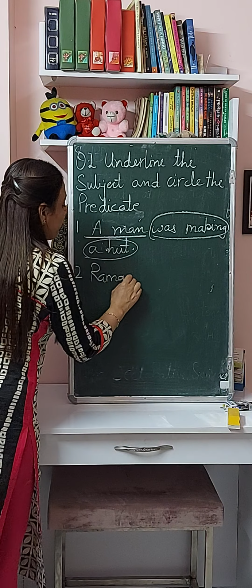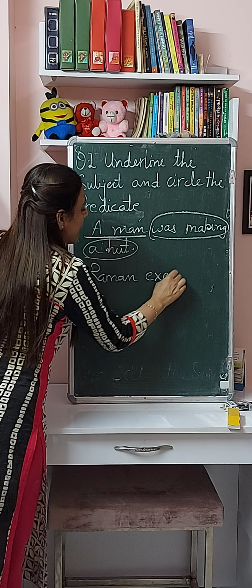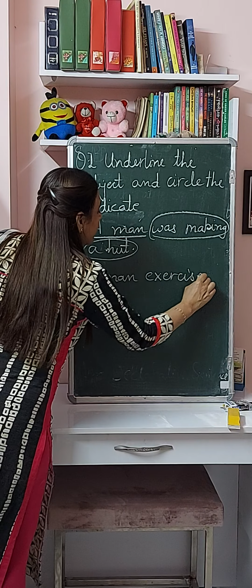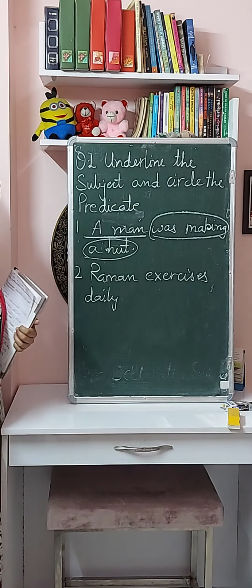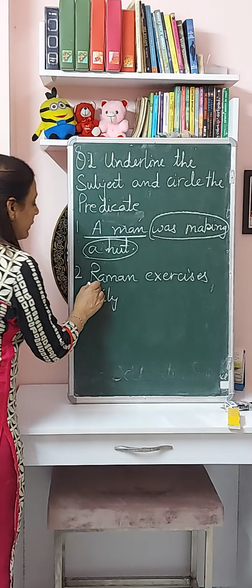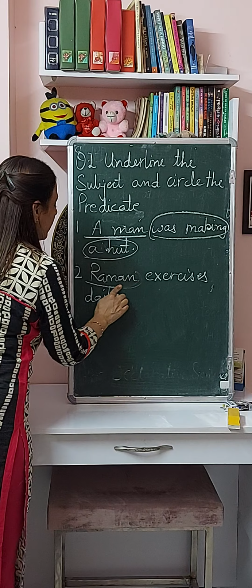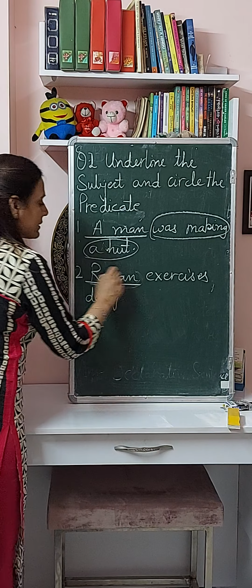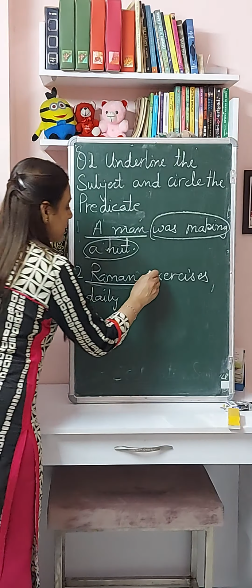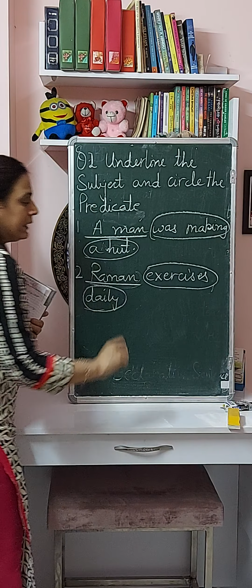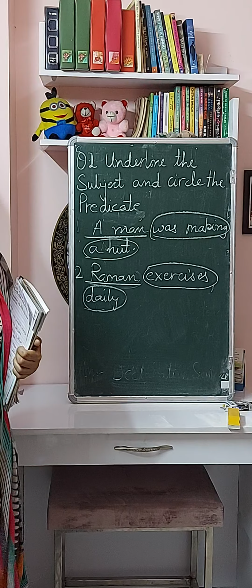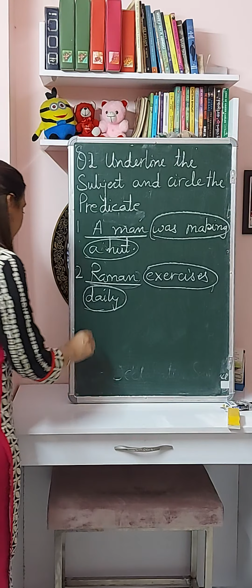Raman exercises daily. Alright. Now whom are we talking about here? Raman. So Raman is the subject. We will underline the subject. And our predicate is what he does every day. He exercises daily. So exercises daily is the predicate.